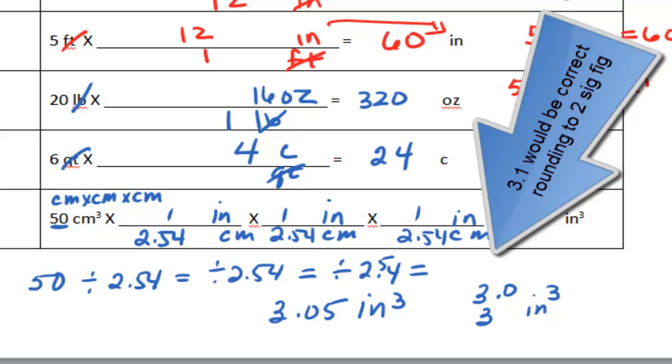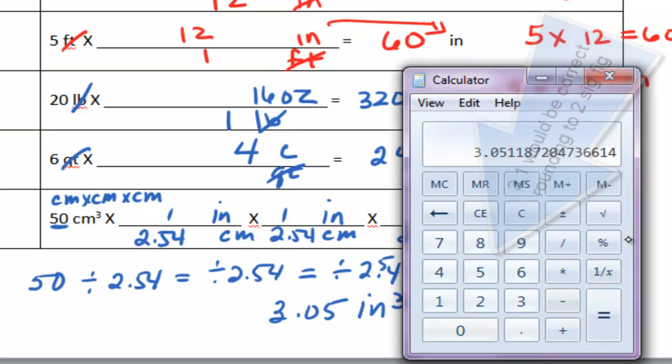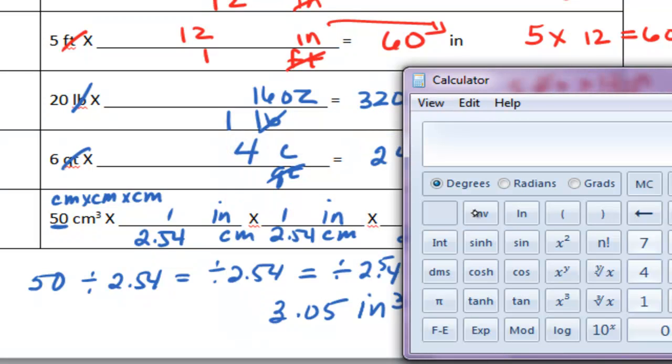You could have also, let me see if I can do that with this calculator. I'll clear this. You could have also taken 50 and divided it by, and I think I want the other view on the calculator, and start over again. 50 and divided it by 2.54 to the 3rd power, and I get the same thing.